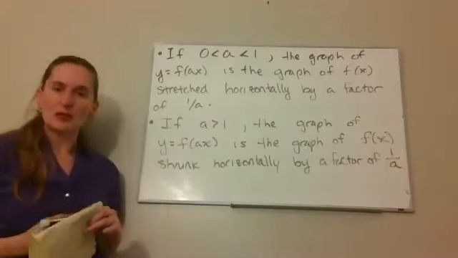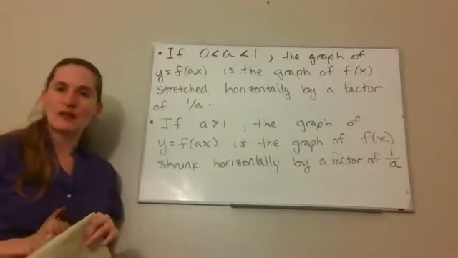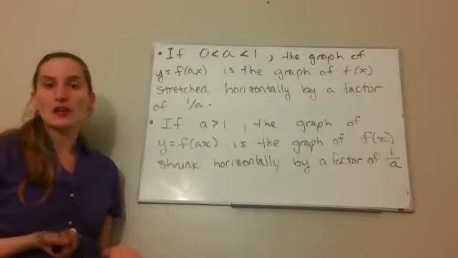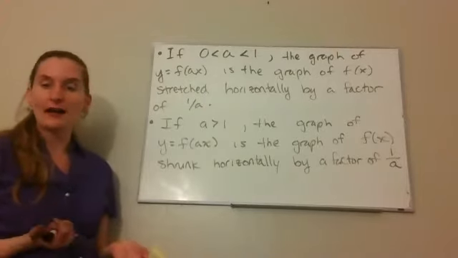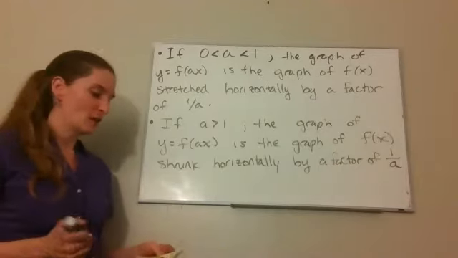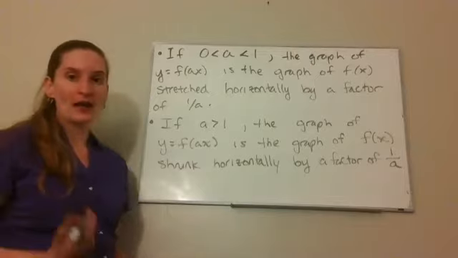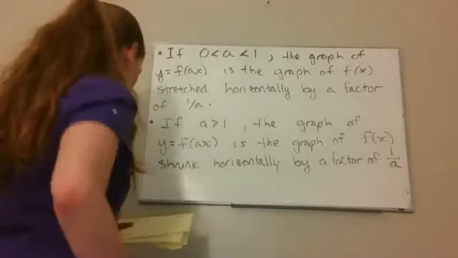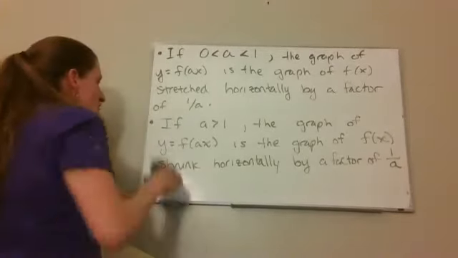So similar to our vertical stretches and shrinks, we can take any point on our original graph, so an (x, y), and then the graph of this new function, f of ax, is going to have the point (x over a, y), regardless of whether it is a stretch or a shrink.